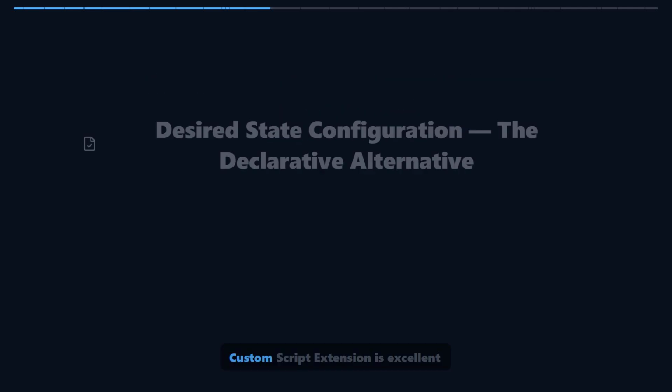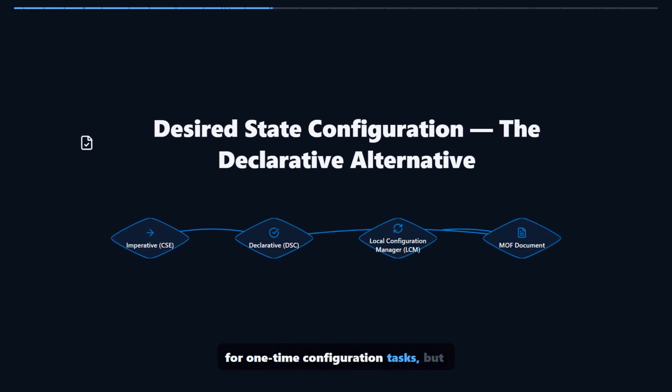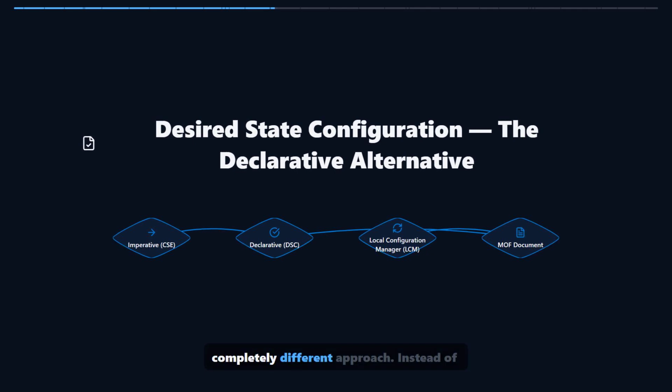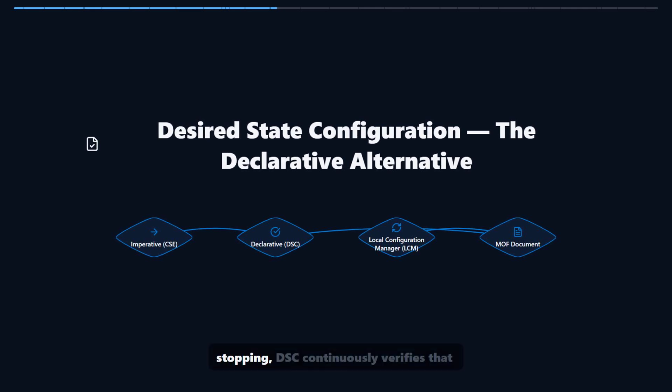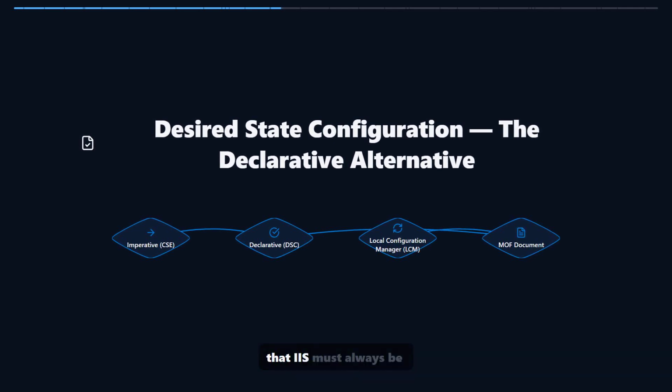Recall: custom script extension is excellent for one-time configuration tasks, but desired state configuration takes a completely different approach. Instead of simply running a script and stopping, DSC continuously verifies that a server remains in the state you've defined. Imagine declaring that IIS must always be installed and the World Wide Web Publishing Service must always be running.